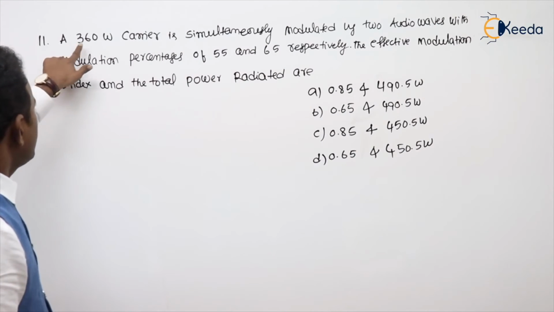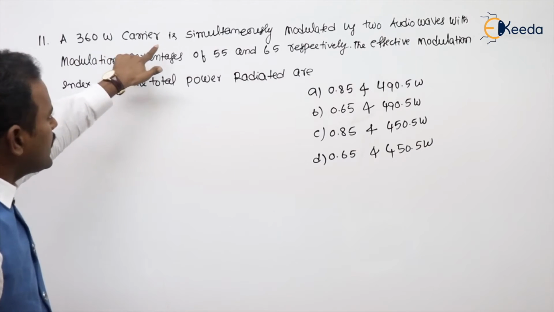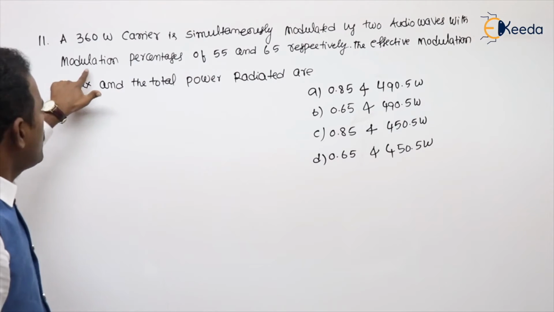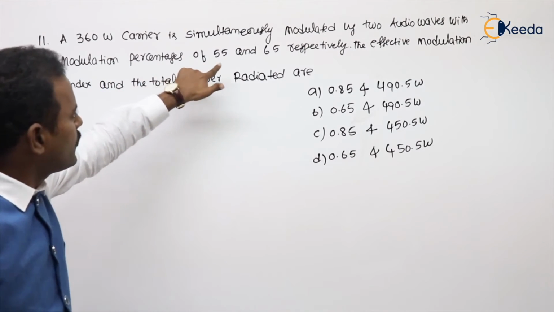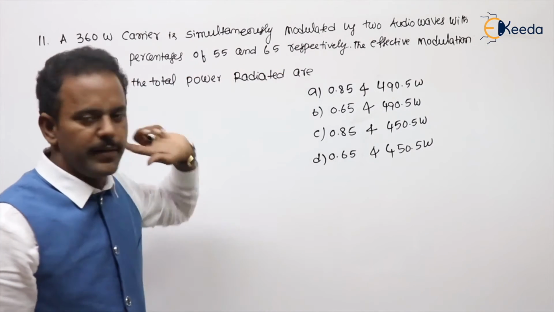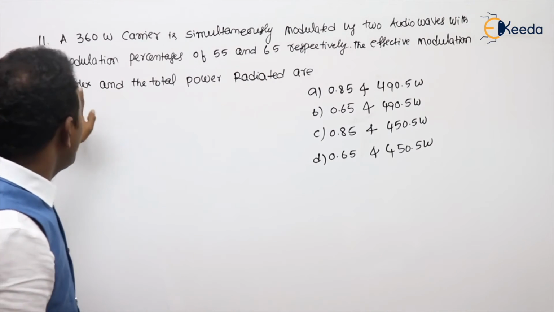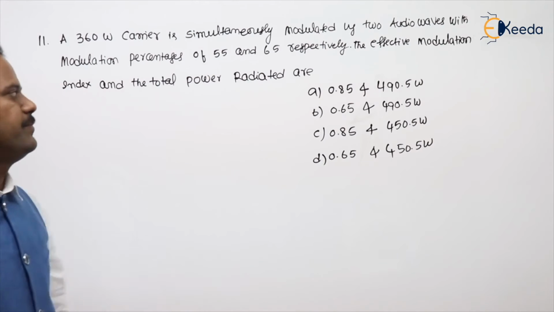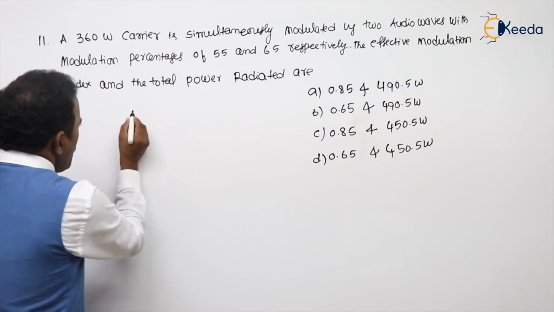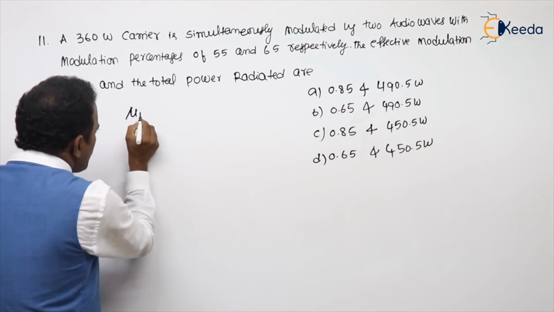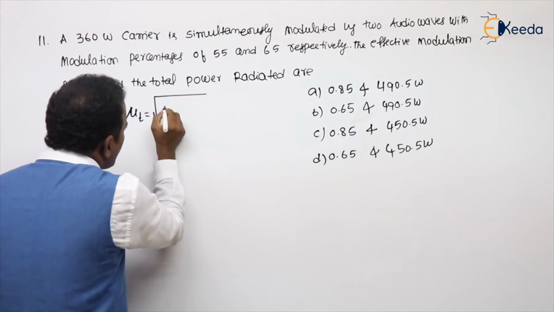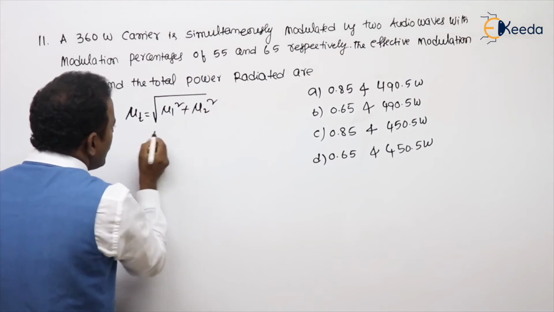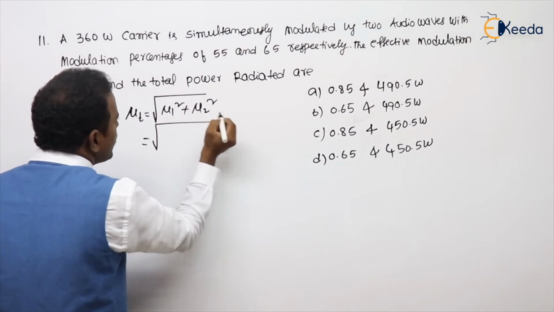See the problem. A 360 watt carrier is simultaneously modulated by 2 audio waves with modulation percentages of 55 and 65 respectively. The effective modulation index and the total power radiated are. What is the formula for effective modulation index? Mu t equal to root of mu1 squared plus mu2 squared. See how I am solving without the calculator.